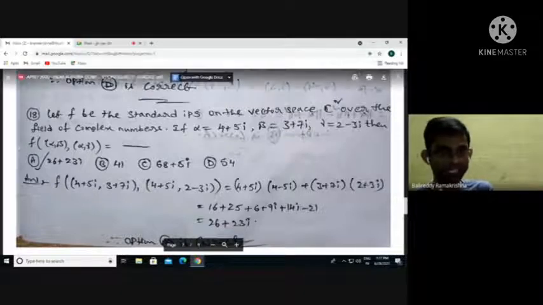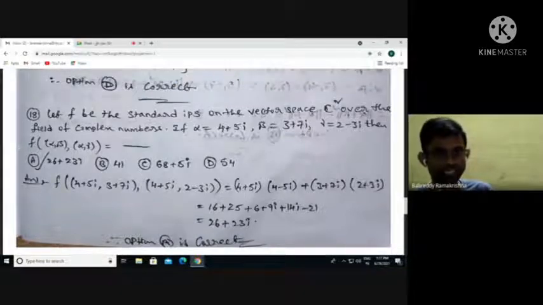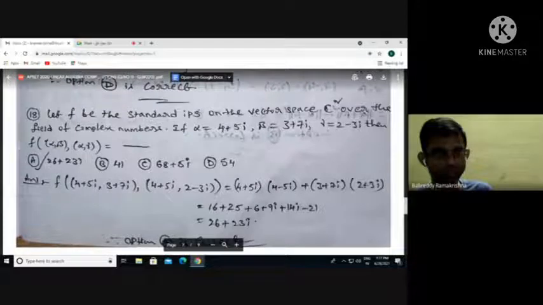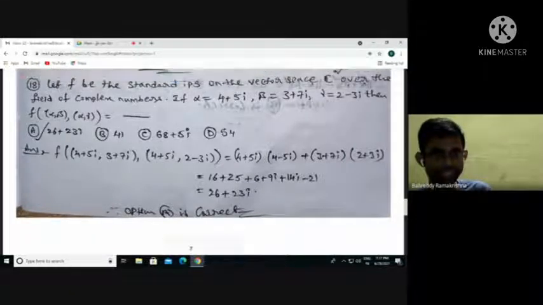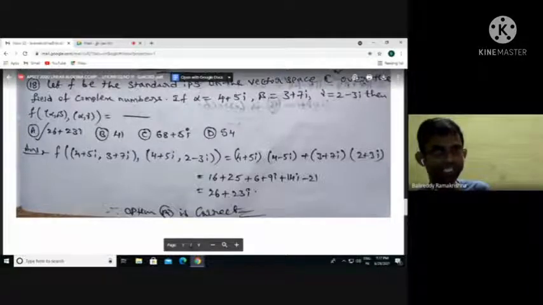By using the inner product, we get this is (4 plus 5i) into (4 minus 5i) plus (3 plus 7i) into (2 plus 3i). By using usual multiplication of complex numbers, we get this value is equal to 26 plus 23i. So option number A is correct. This is from the definition of inner product space in complex plane C.